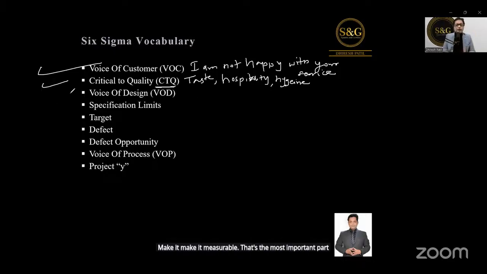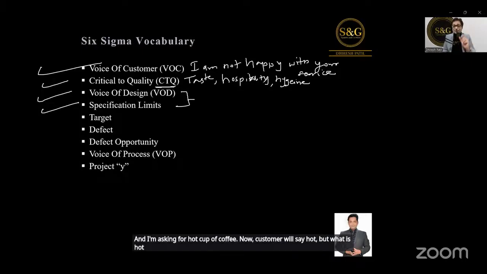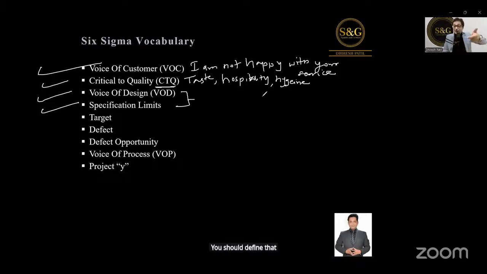Okay. Then comes voice of design, or specification. Both are the same basically. Voice of design or specification. Let's say I'm asking for a cup of coffee, a hot cup of coffee. Now the customer will say hot, but what is hot? You should define that specification limit. From the customer requirement, you convert that into voice of design.